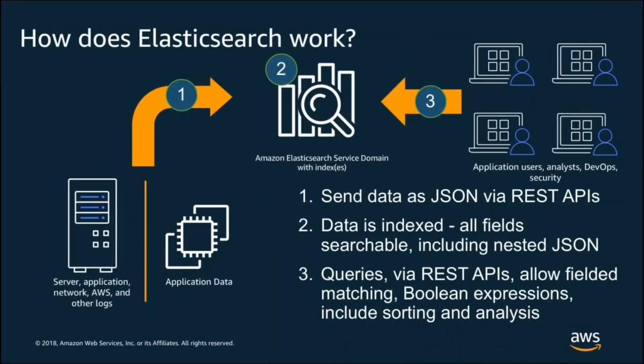So as we look at how Elasticsearch works, it does work much like a database. I take my data and, number one, send it as JSON into the Elasticsearch service. Now we have two main use cases with Elasticsearch that we see for our customers. The first of those is a logging use case. For the logging use case, I have server logs, application logs, network logs, AWS service logs, all kinds of logs.